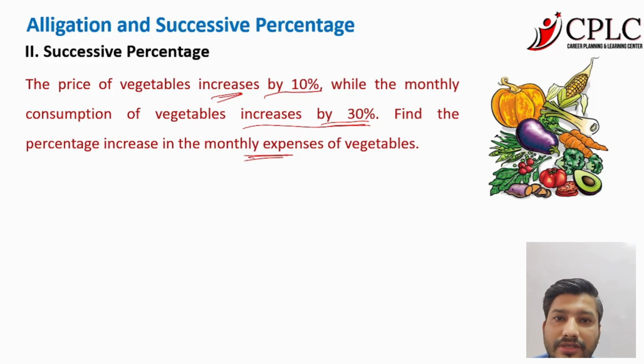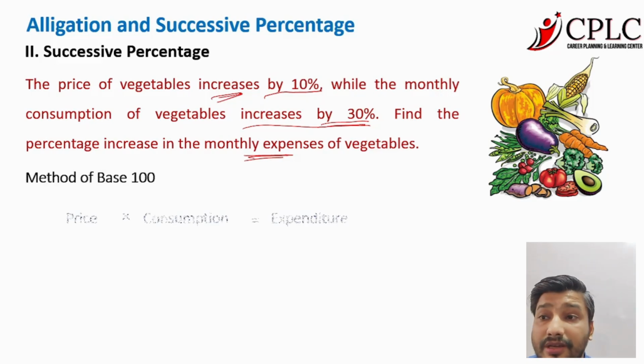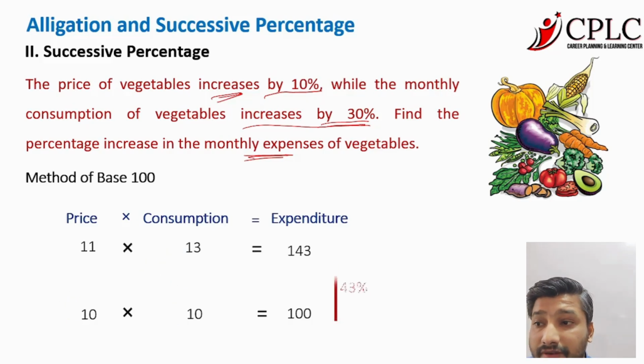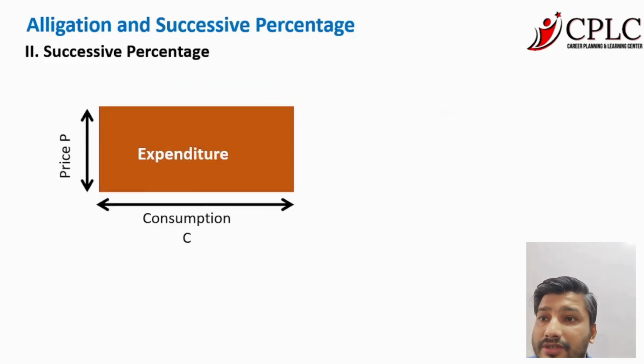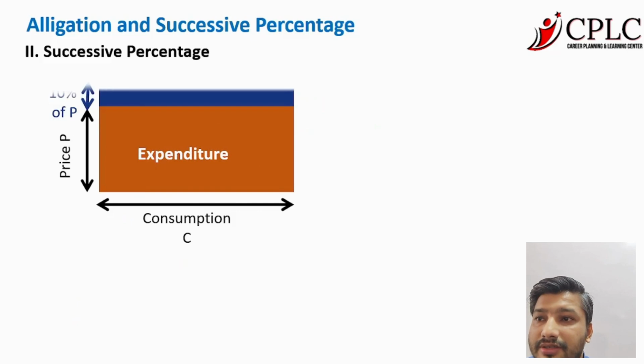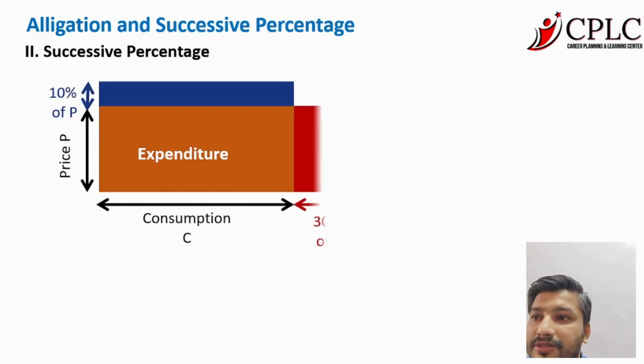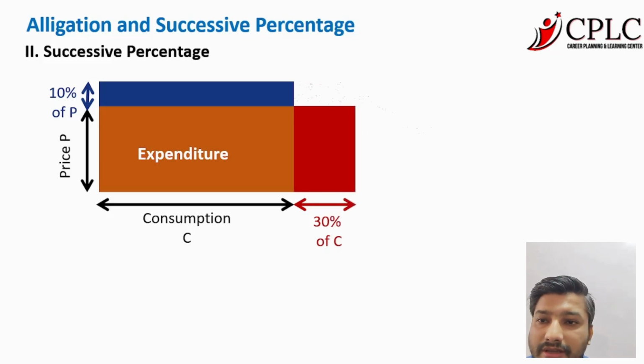So we can use the idea of successive percentage, and both these numbers are increases, so obviously we are going to take them to be positive while calculating. So one of our values is 10 and the other value is 30. Price is increasing by 10%, consumption is increasing by 30%.